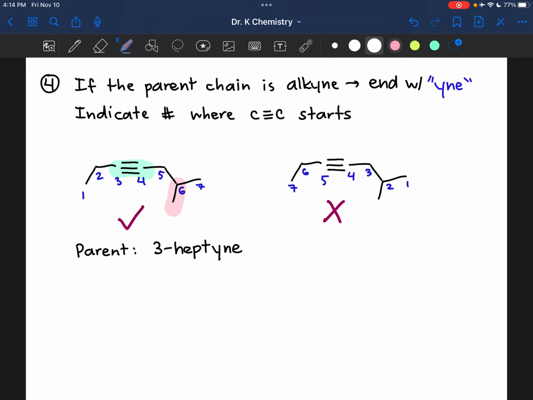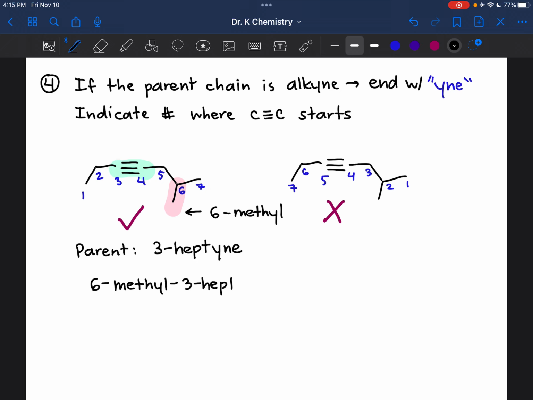Now, notice that we have a substituent coming off of carbon 6. So it's attached to carbon 6. I'm going to list that. And it has 1 carbon. So that is a methyl group. And now that I have both the substituent and the parent name, I'm going to list the full name. So we would call this 6-methyl-3-heptyne.